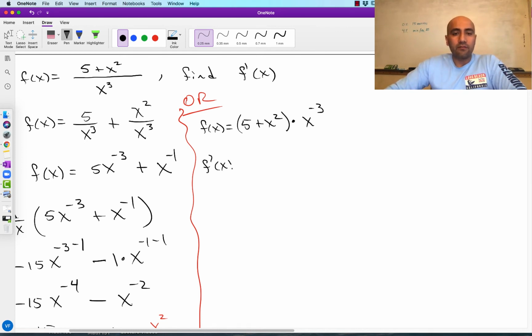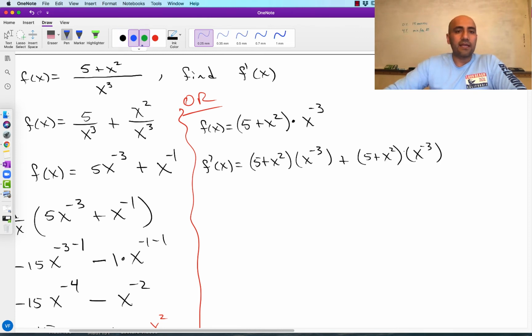The derivative then is equal to, remember we copy this twice, 5 plus x squared times x to the negative 3 plus 5 plus x squared times x to the negative 3. And then we're going to kind of take turns taking derivatives. So that'll be that derivative, leave the second one alone. Now leave the first one alone, take the derivative of the second one.